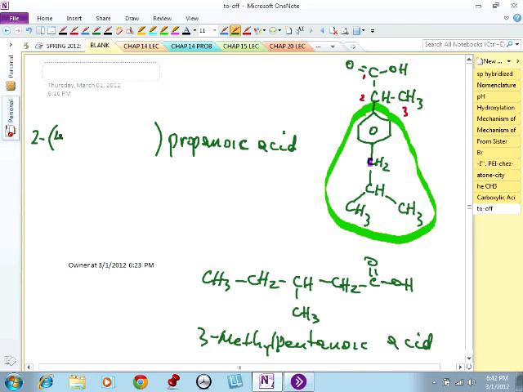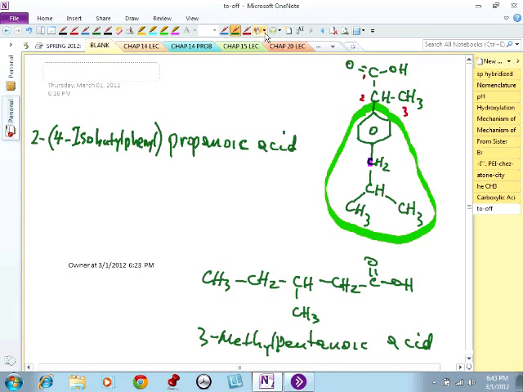So it has to be 4, because you have the phenyl group right here, and relative to the parent chain, the isobutyl group is on the 4th position. So therefore, 2-(4-isobutylphenyl)propanoic acid.